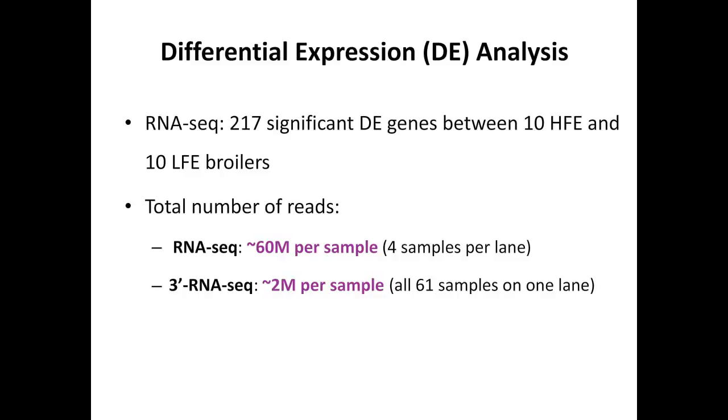For RNA-seq, we had 60 million reads per sample, which was done with four samples per lane. And in 3' RNA-seq data, we had 2 million per sample. You can see 60 million versus 2 million, so there's a big difference in the number of reads per sample. For this, all 61 samples were pooled and sequenced on 1 lane.